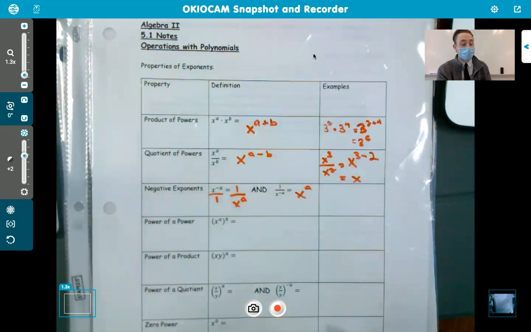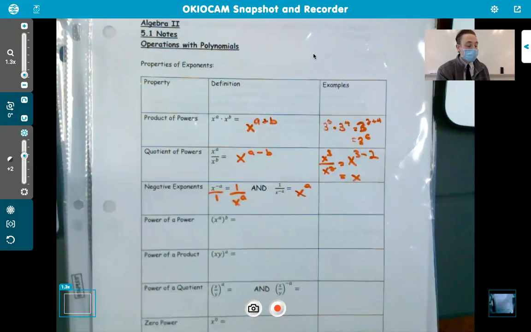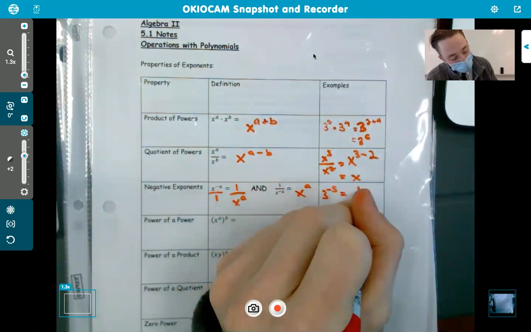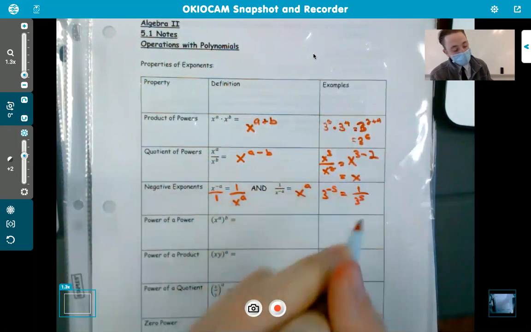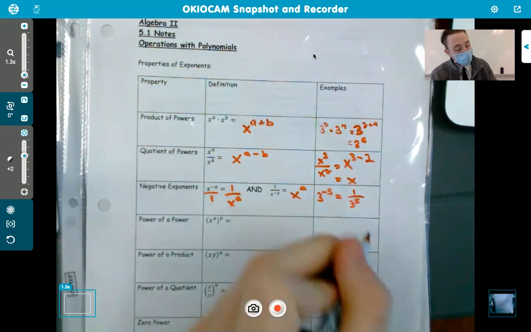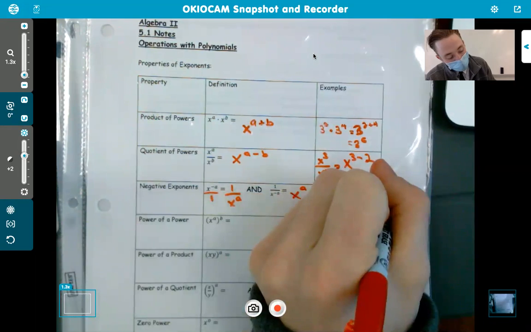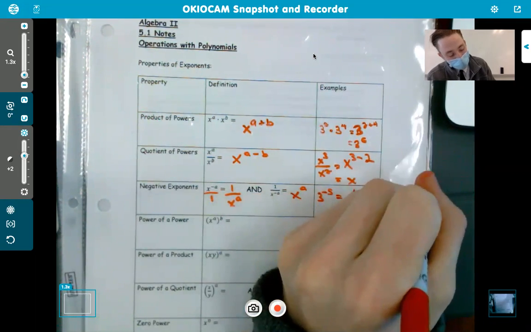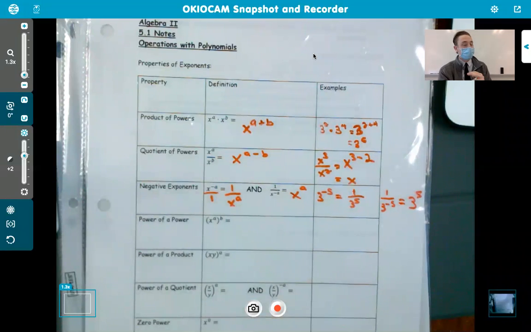So you're going to flip the fraction and change the sign. Like if this was 3 to the negative 5, that's the same thing as 1 over 3 to the positive 5. Or if it started off as 1 over 3 to the negative 5, this becomes 3 to the positive 5. So you just flip the fraction, change the sign.